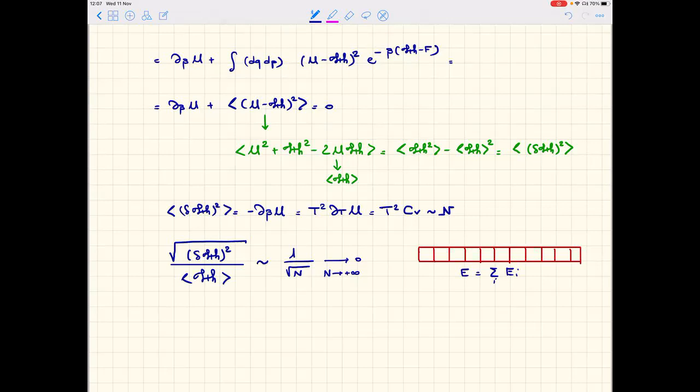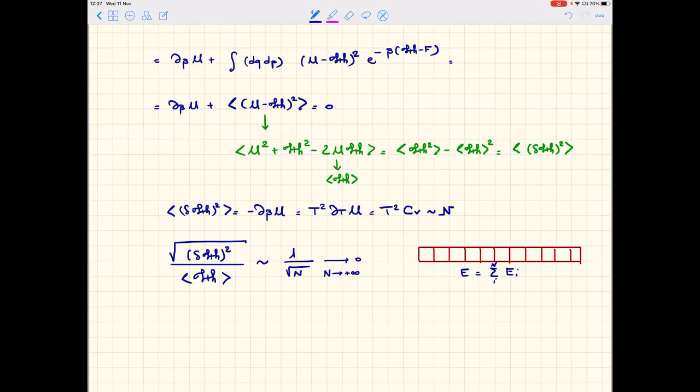Now, if in each individual subsystem I have a certain probability distribution of the energy, and all of them are identical and independently distributed, it's clear that in the limit where the number of components becomes very large, the probability distribution of the total energy is going to be, because of the central limit theorem, a Gaussian distribution with a width that scales as compared to the average as 1 over square root of N. This is exactly what we found when we proved the central limit theorem in the second lecture of this course.